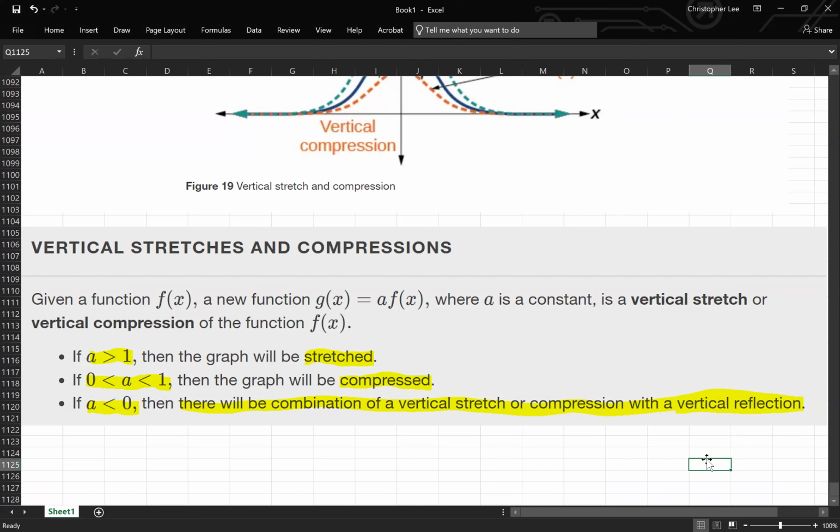If a, the number we're multiplying by, is greater than 1, the graph is stretched. If a is between 0 and 1, the graph will be compressed. And if a is less than 0, it will either be stretched or compressed, but it will also be a vertical reflection.